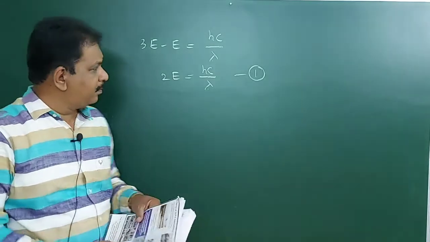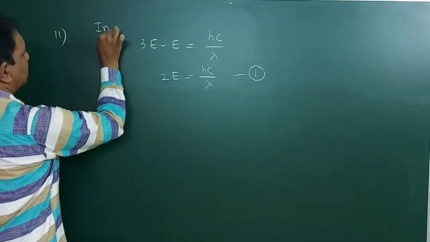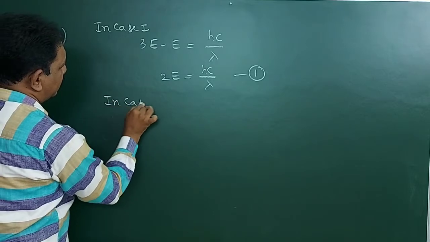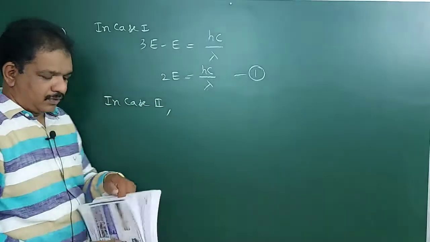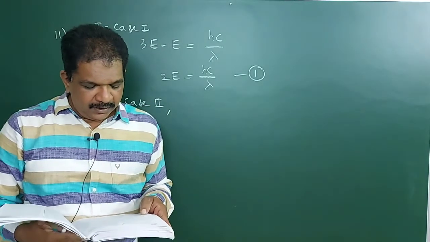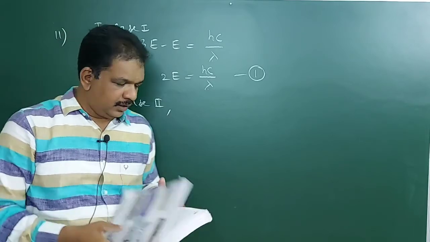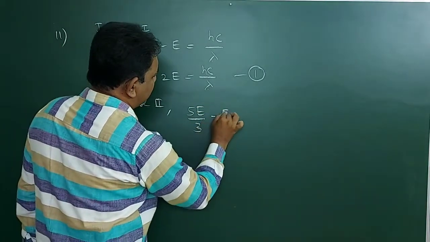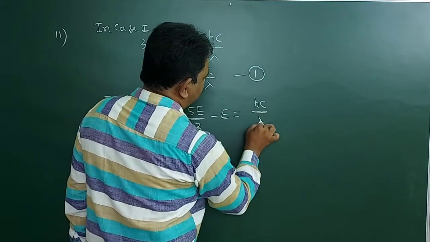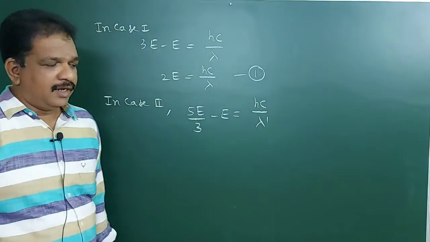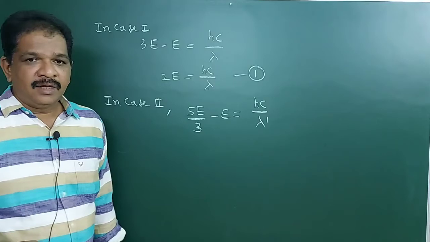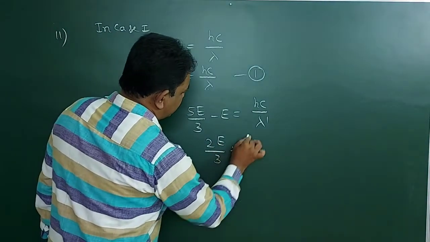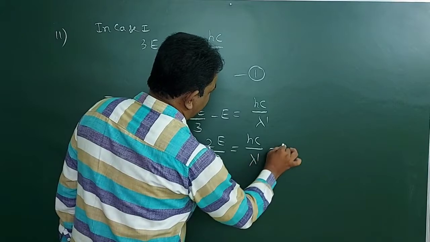Second case, what happened? This is case 1. In case 2, 5E by 3 to E, so 5E by 3 minus E is equal to hc by lambda dash. 5E by 3 minus E means 2E by 3 is equal to hc by lambda dash.